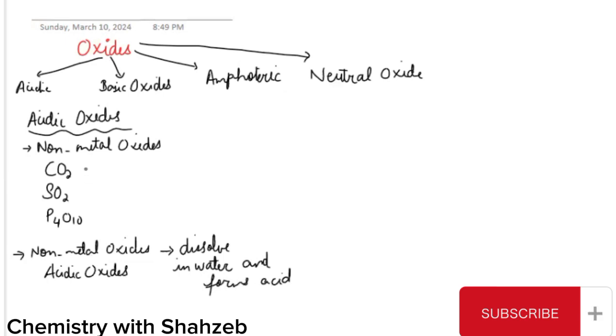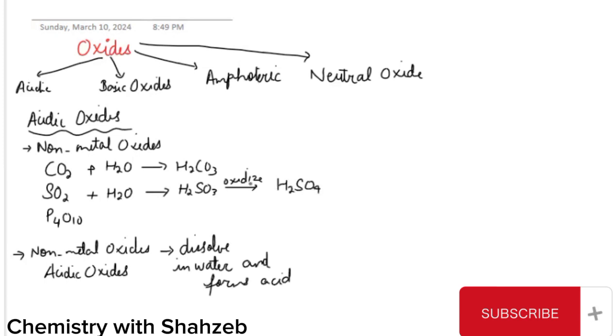For example, carbon dioxide dissolves in water and forms an acid which is carbonic acid. Then sulfur dioxide also dissolves in water and forms sulfurous acid, which is H2SO3, that further oxidizes and forms sulfuric acid, which is H2SO4.